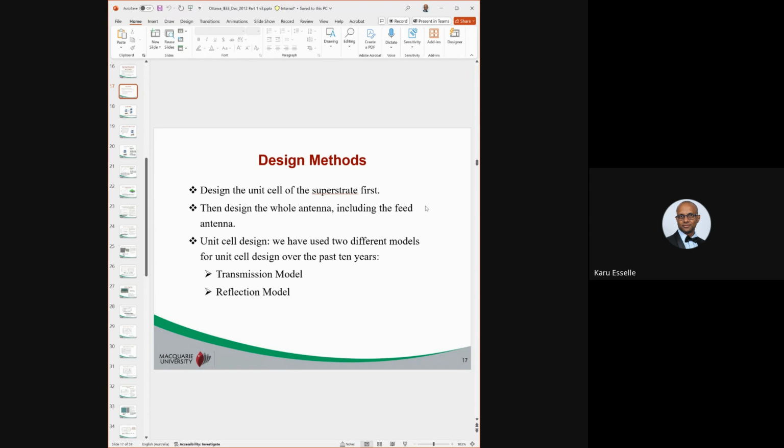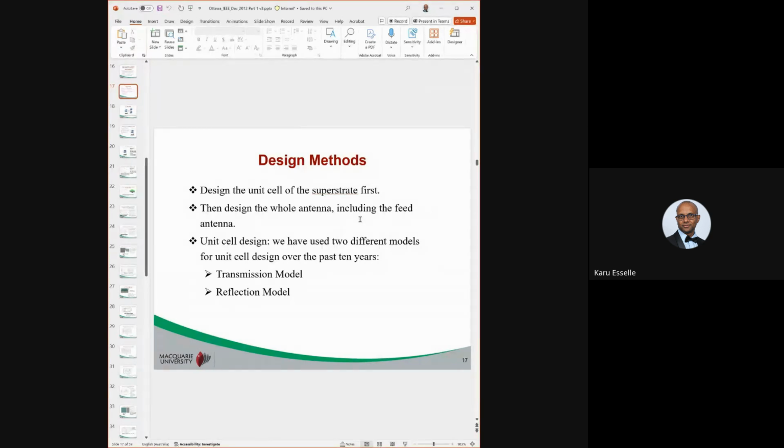We approximate them by a periodic structure. When the antenna is very small, that approximation fails because it's so finite. Then you have to design and optimize in a different way. I will show you one optimization example later, but that's full wave.